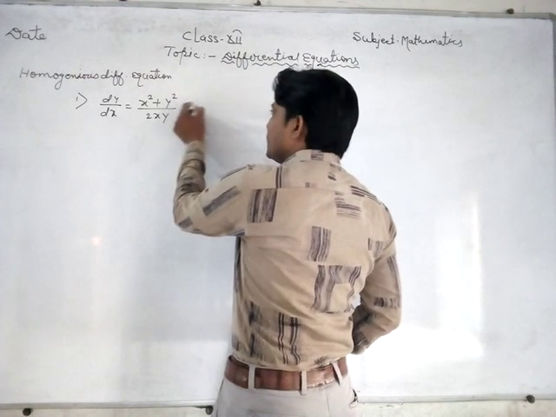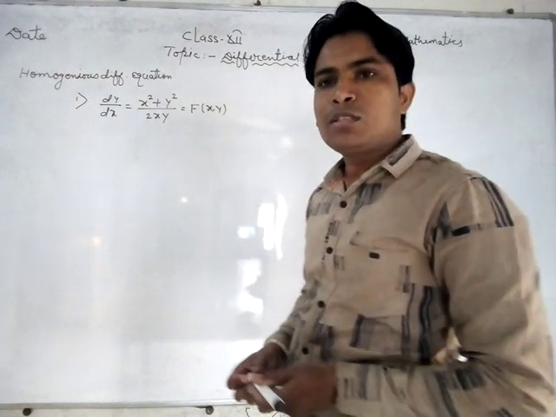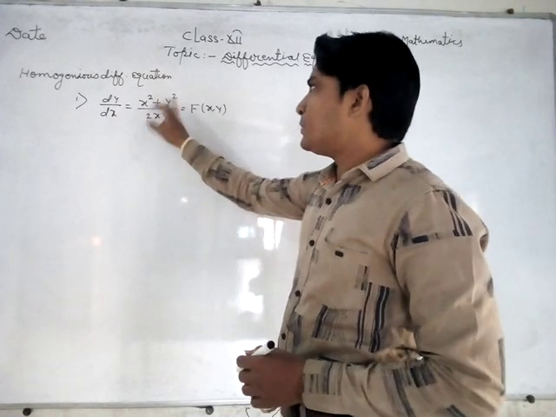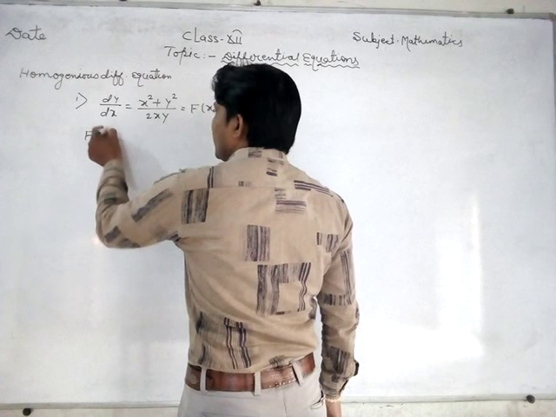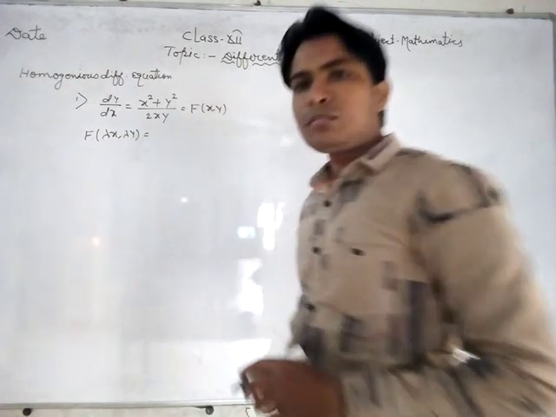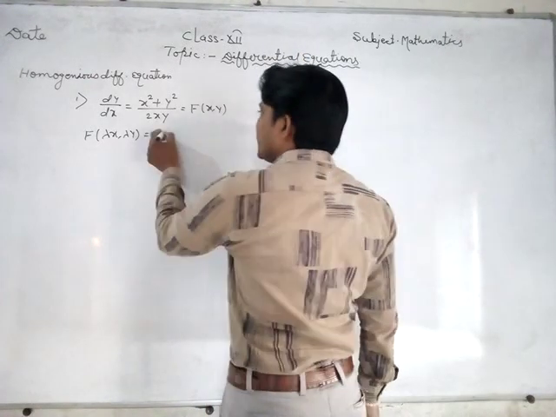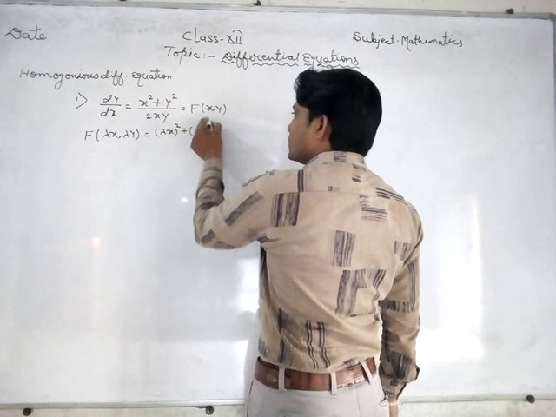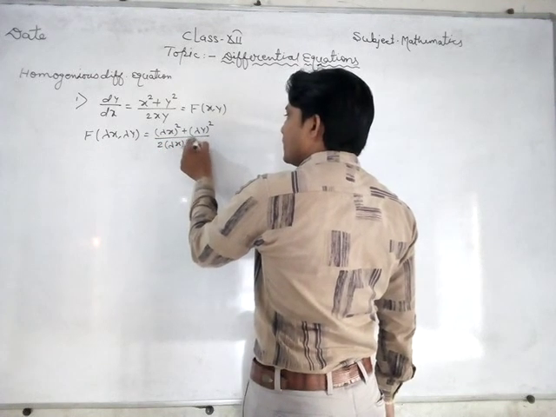This function is given to you as f(x, y), because it is a function of x comma y, that is, x square plus y square upon 2xy. If we convert this function into f(lambda x, lambda y), we get lambda x whole square plus lambda y whole square upon 2 of lambda x times lambda y.